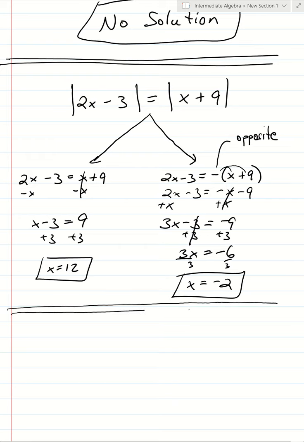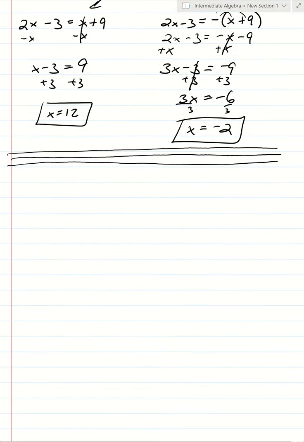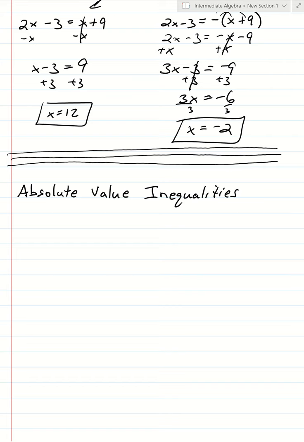Well, we also need to talk about absolute value inequalities. That's the second portion of section 3.3. Now, hopefully, you are comfortable with what we talked about the other day when we were talking about the compound inequalities, because we will have to use compound inequalities, believe it or not, when we are solving absolute value inequalities.